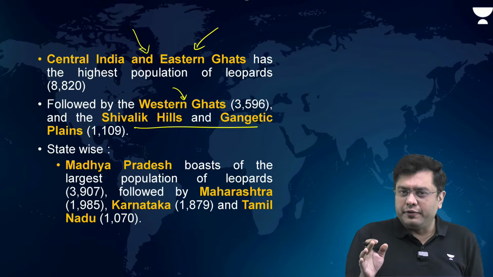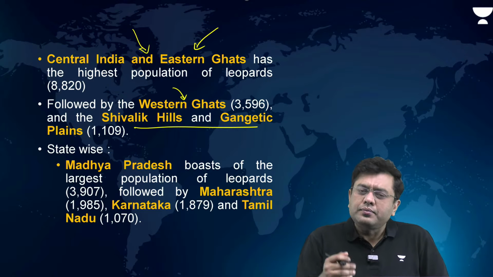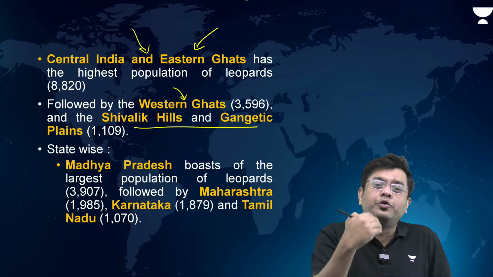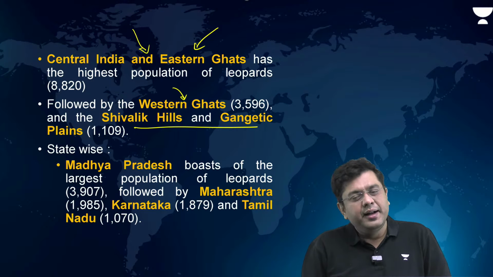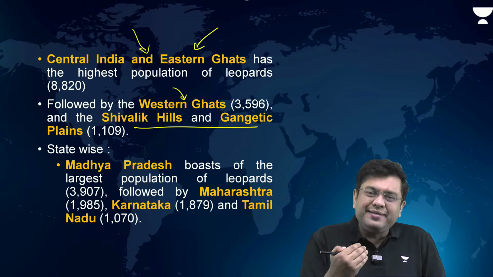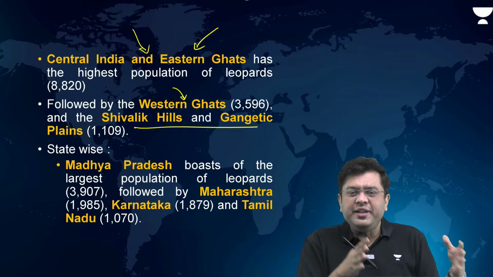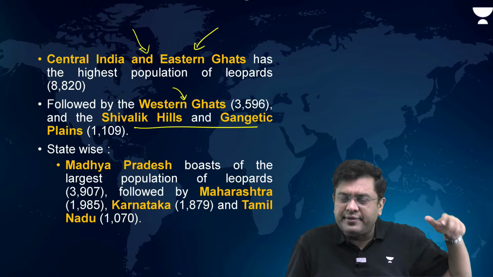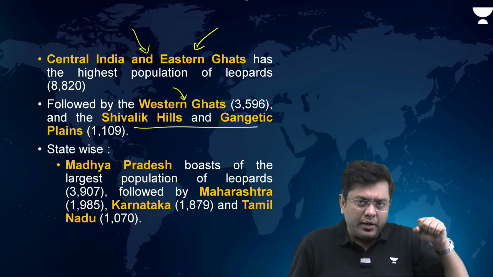As a consequence of this, what happens? When you destroy the natural habitat of these leopards, the man-animal conflicts tend to increase. And leopards are the kind of species that can even survive in semi-urban areas or the suburbs.